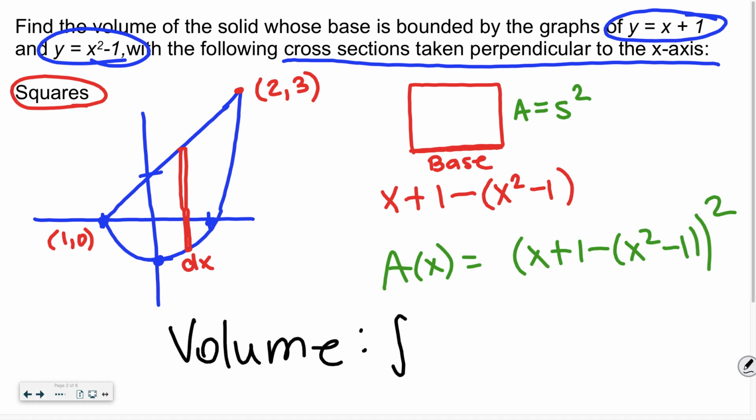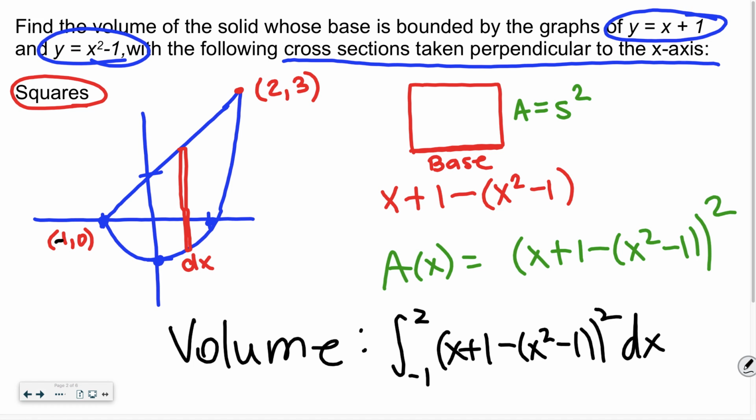How about -1 to 2, because those are our x coordinates. We're going to take our area, and then dx is the thickness. That's how we get that third dimension. And the integral is adding all of those prisms together for a total.